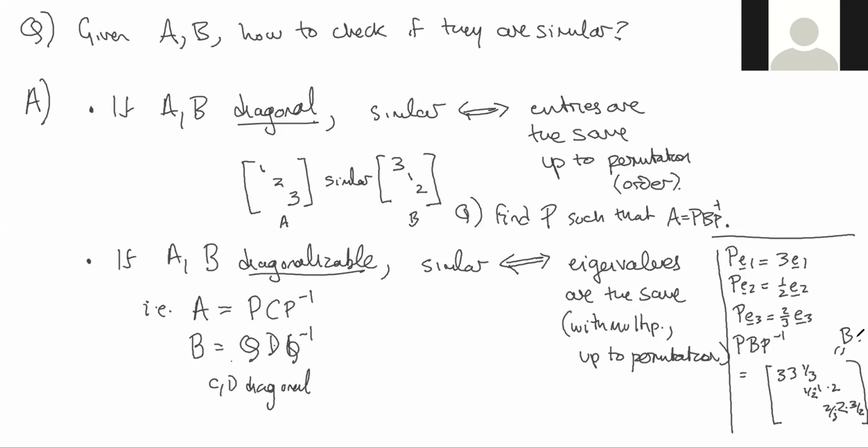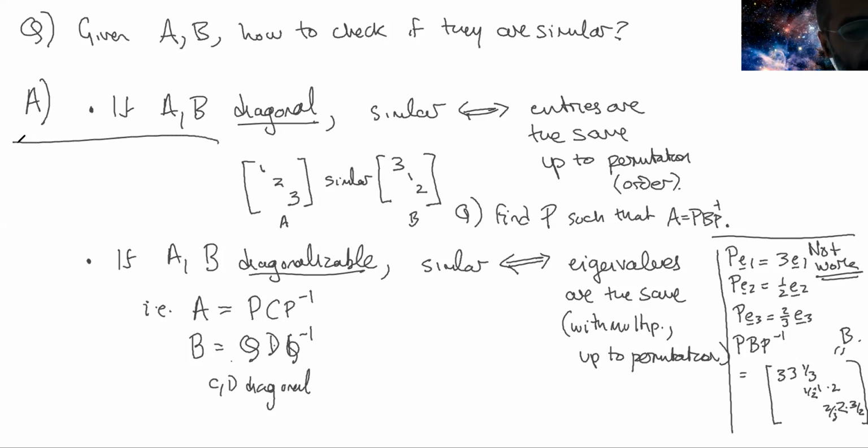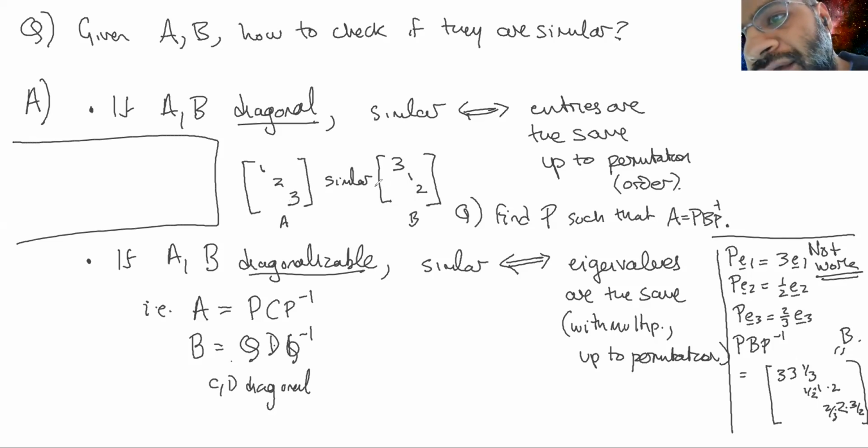Okay, that makes sense. So this does not work. I'll write the thing that does work. The thing that does work is really simple. How are these two matrices related? Well, you just reshuffle the coordinates from A to get to B. So let's define the transformation that does just that.